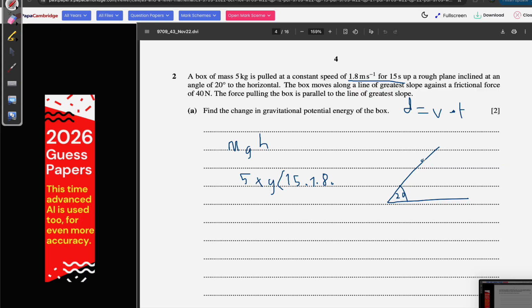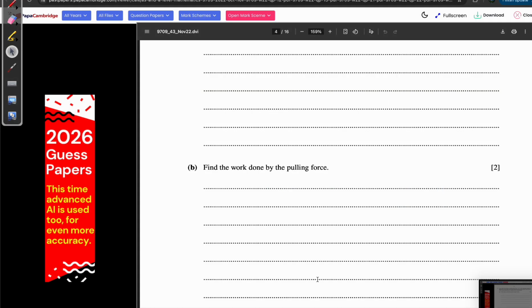Since this is the weight and opposite, which is just going to be the vertical component, which is the height that we're trying to use. So 50 times 15 times 1.8 times sine 20, which is going to give us 461.727.